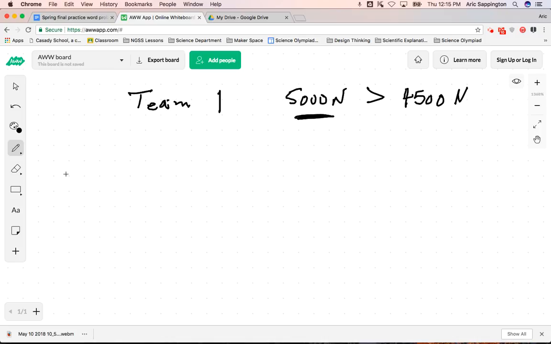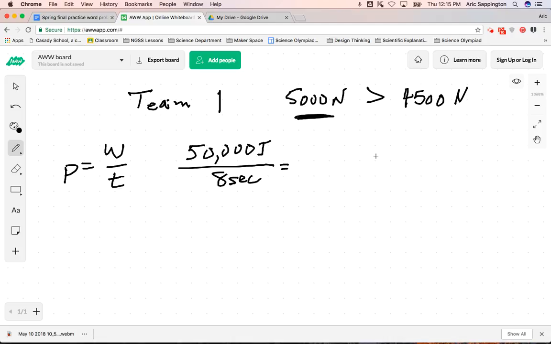All right, number 16 is a power problem. So we're going to be using power equals work divided by time. And in this case, we did 50,000 joules of work, and we did that over 8 seconds. So we're going to end up with our answer.